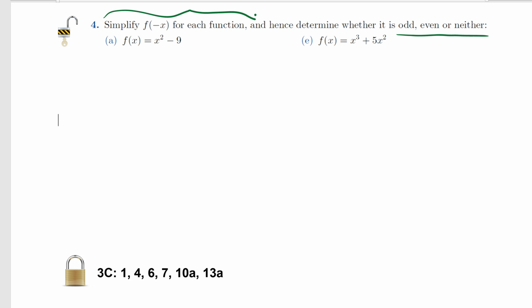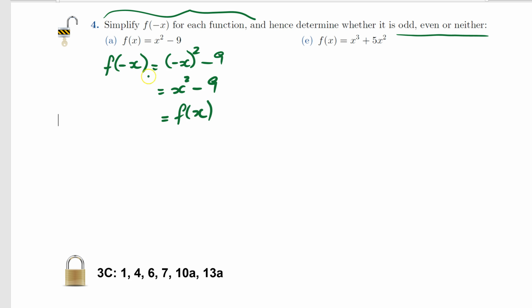But that's the process. So we have f of x, we take f of minus x, and we see what happens. So if we take f of minus x, we need to show all of these steps if we're doing a proof. So we put minus x where x is. That gives us x squared minus 9, and we notice that x squared minus 9 is the same as f of x.